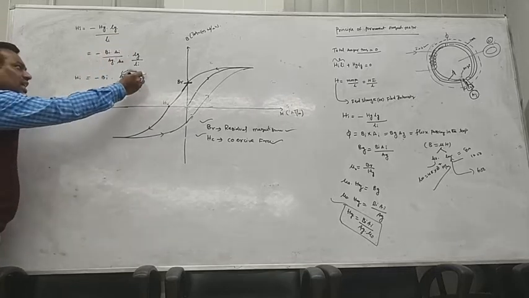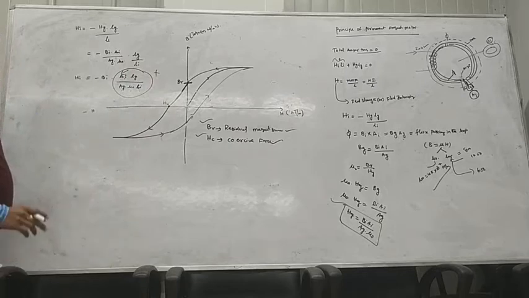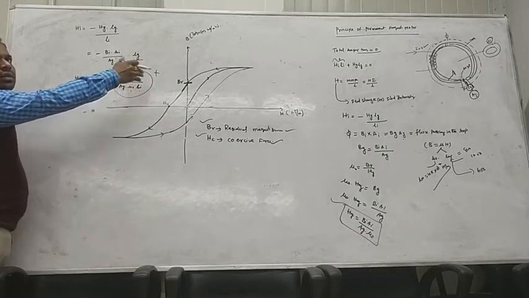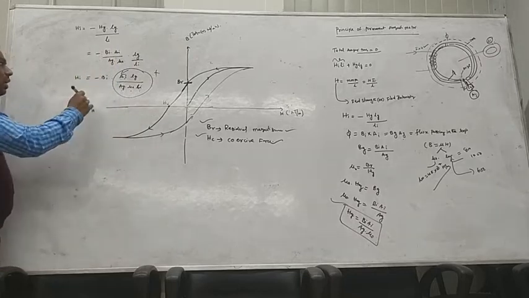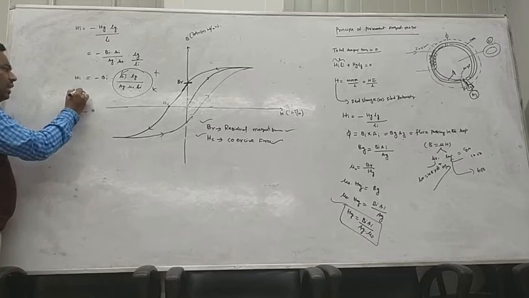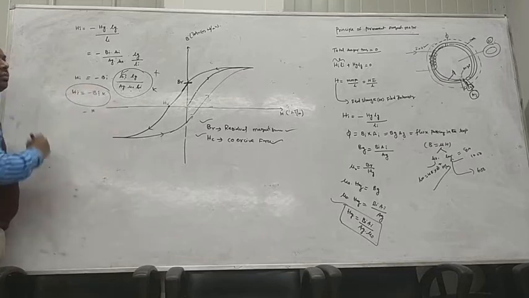All these values are positive, so it is a positive constant value. So your Hi is equal to minus of Bi into K.